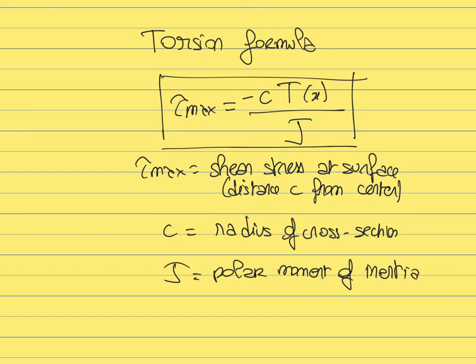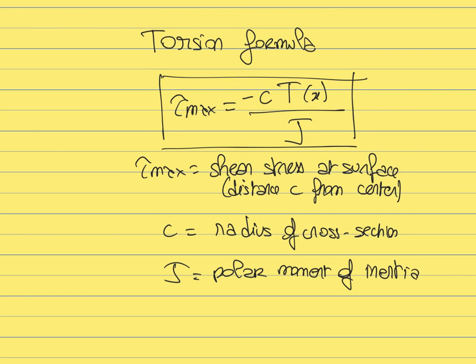If the material is going to break, it's going to break at the point where the shear stress is maximum, and in this case, that's always going to be at the surface. If the shear stress at the surface exceeds the ultimate stress, then the material will break. And if the shear stress at the surface does not exceed the ultimate stress, then the material is not going to break, because everywhere inside the member the shear stress is going to be lower than at the surface, since the shear stress is maximum at the surface.